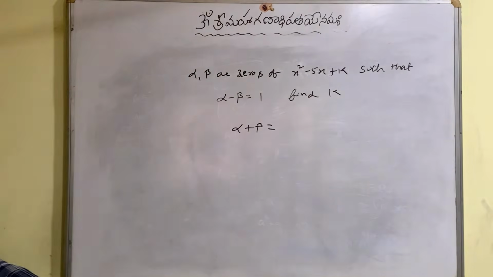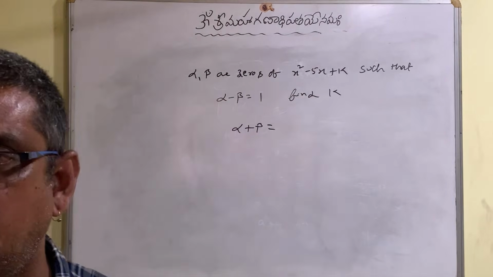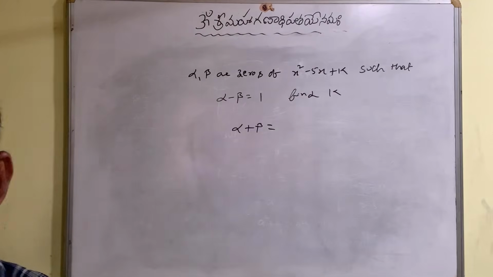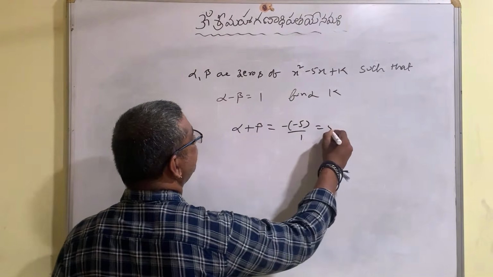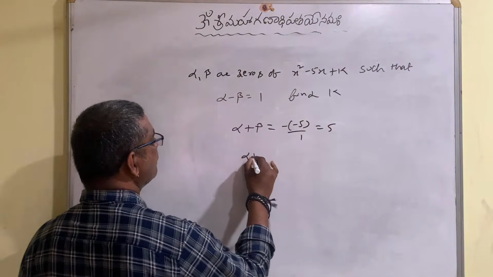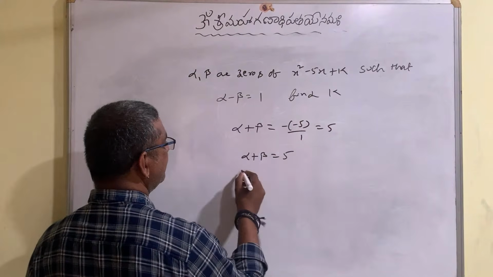Minus b by a. How much is it? I am asking the value. What is minus b by a from the polynomial? Alpha plus beta is 5. Good. Minus of minus 5 by 1, which is 5. So alpha plus beta is 5.